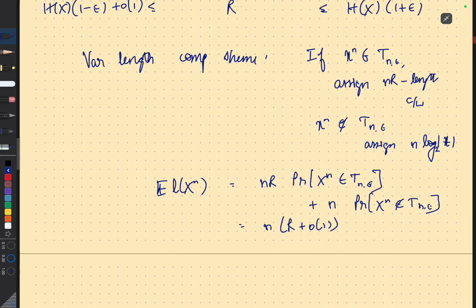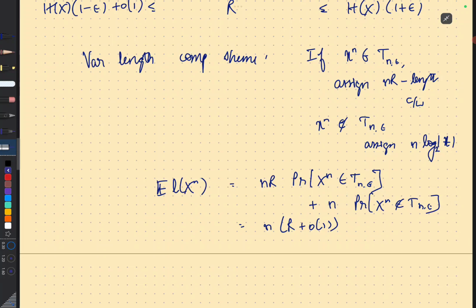So it has the same rate asymptotically, but it has zero error, right? Because all of the sequences where you would have incurred an error in the fixed length compression scheme, you are going to send those in uncompressed form. So given any fixed length compression scheme, you can convert it to a zero error variable length compression scheme by paying a very negligible overhead in terms of the rate. This negligible overhead is something that goes to zero as n tends to infinity.